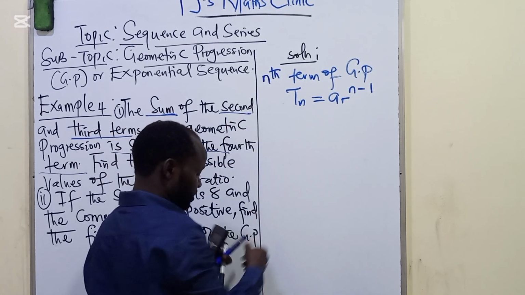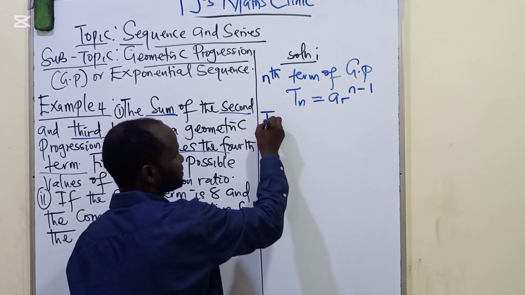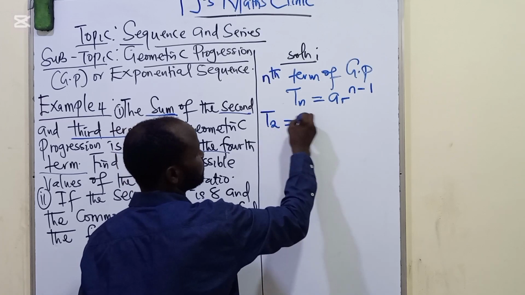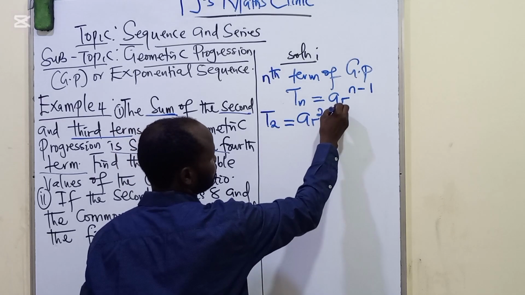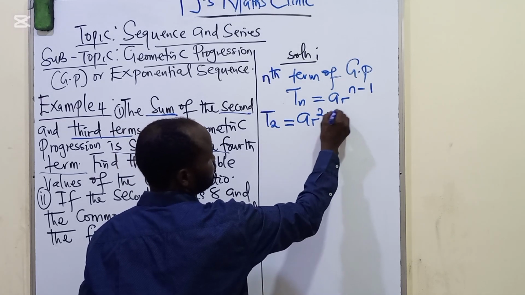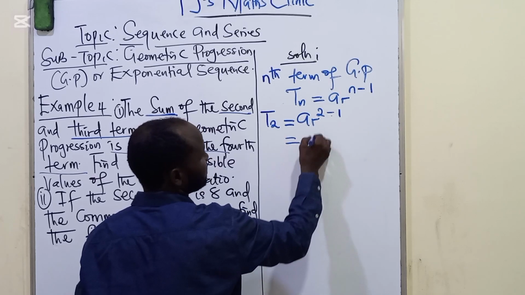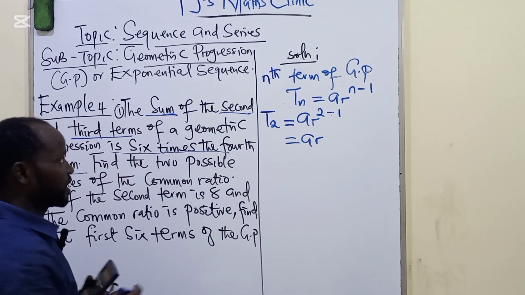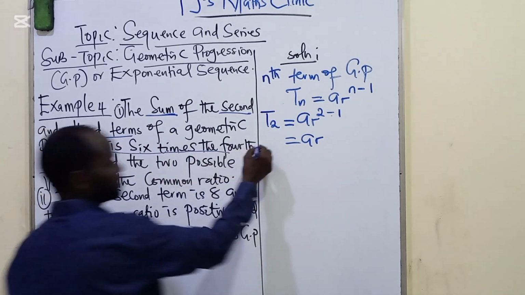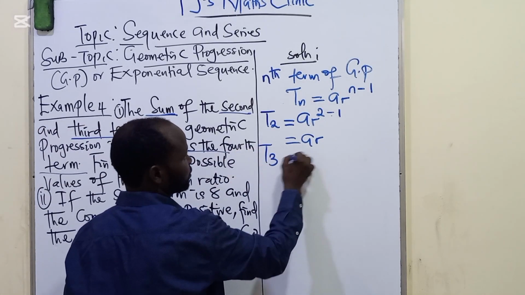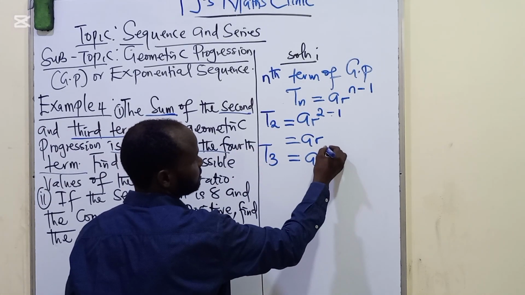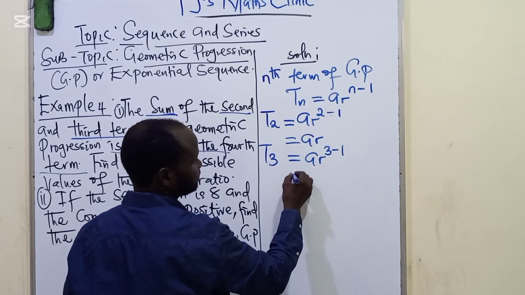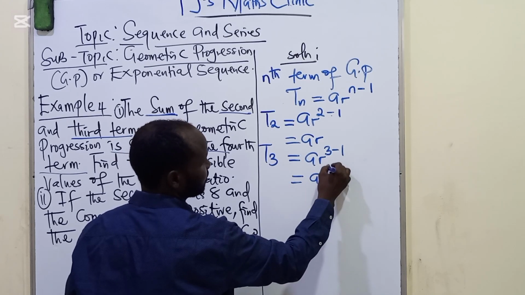For the second term, n is 2. When we substitute n equals 2, T2 will be equal to AR to the power 2 minus 1, that's 2 minus 1, which is AR. So T2 is AR. What will be our T3, the third term? T3 will be AR to the power 3 minus 1, that will be AR squared.